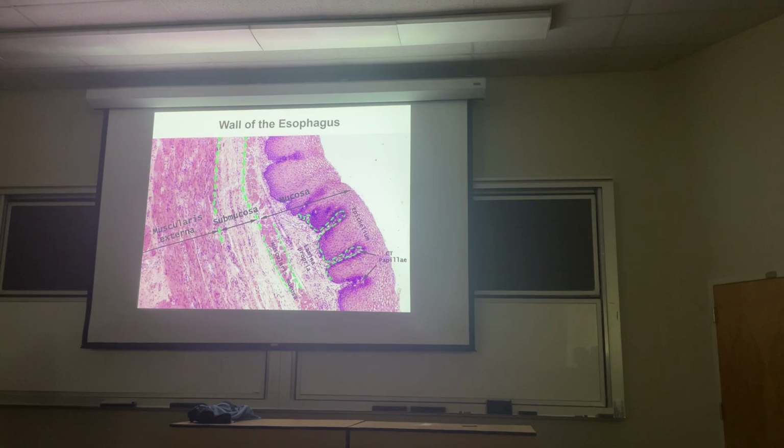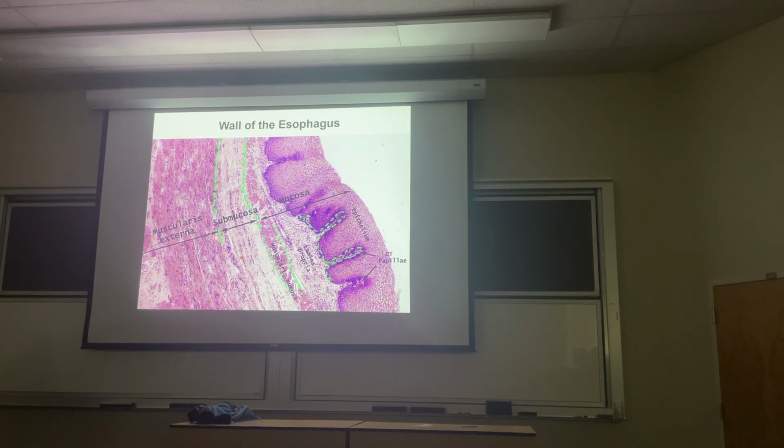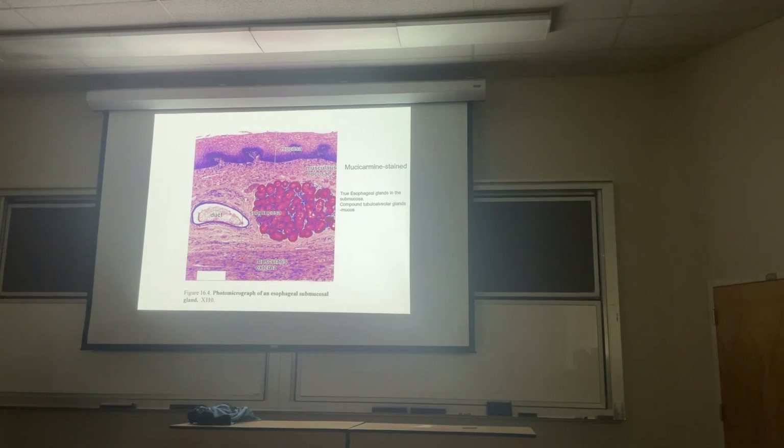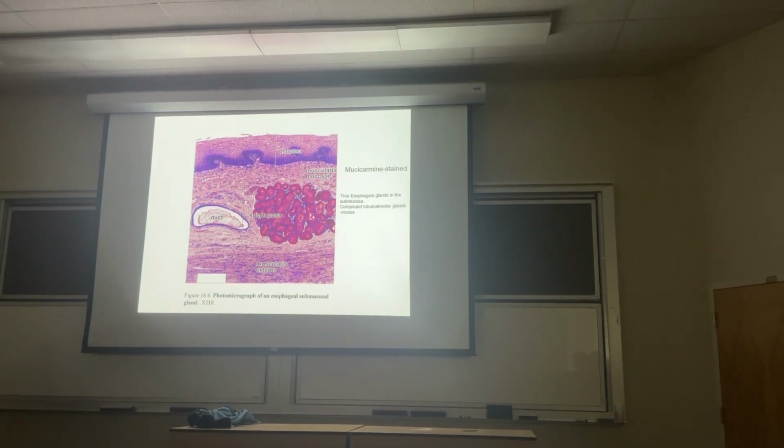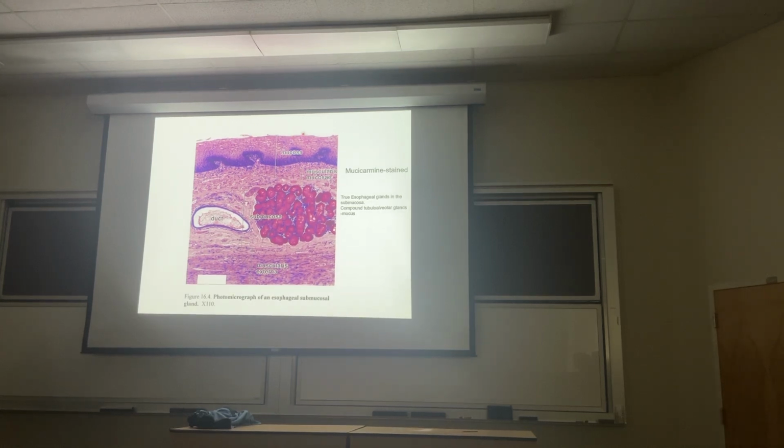And then here's part of our muscularis externa with the different layers. This has a special staining to stain for the mucus glands here, and that of course gets secreted into the lumen and is protective. We can see the non-keratinized stratified squamous epithelium quite well here, and here's our muscularis externa.